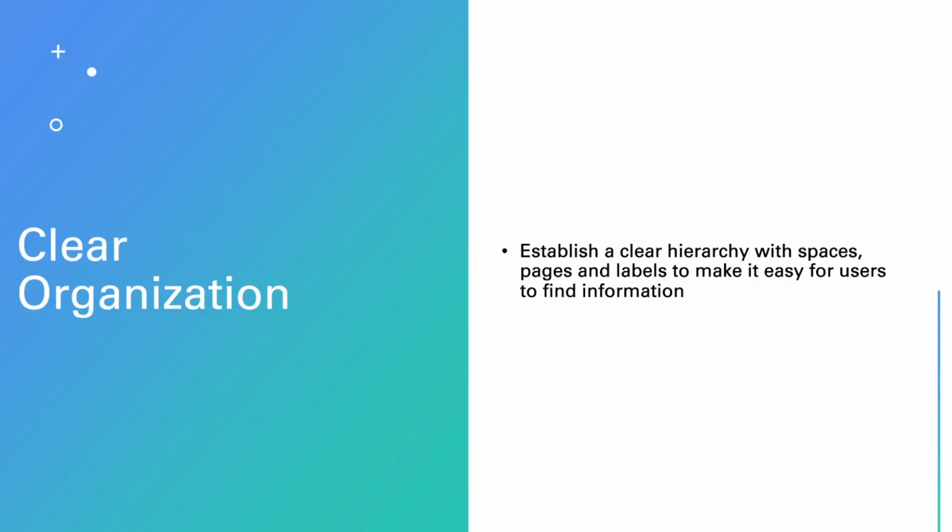What this means is to establish a clear hierarchy with spaces, pages, and labels to make it easy for users to find information. You don't want everything scattered around and not organized, not within a page tree, not having a structure at all, because then why use Confluence?